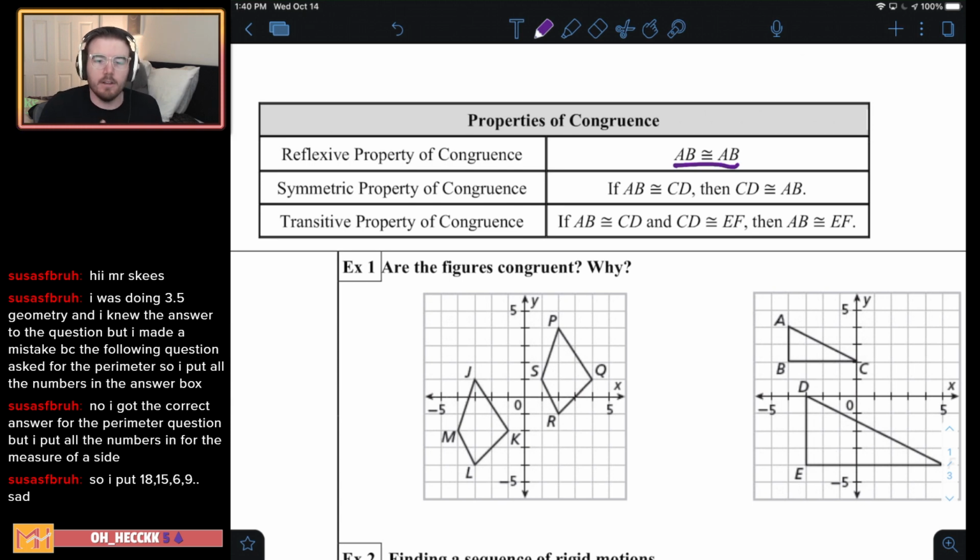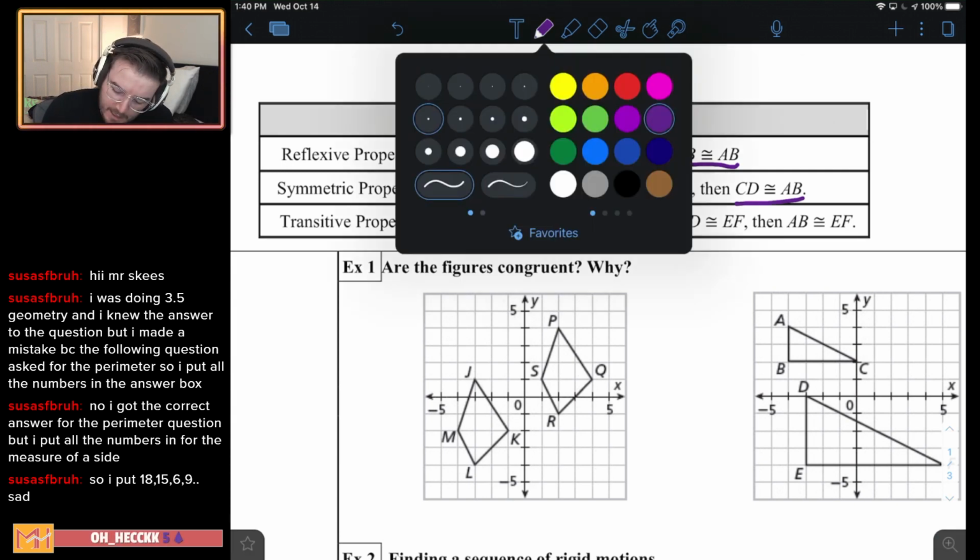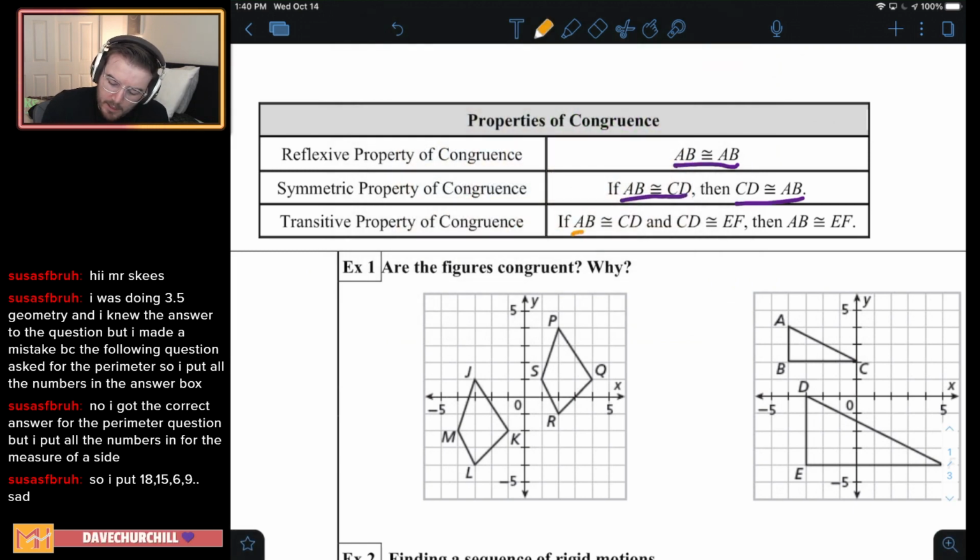This one says you can flip the statement around: 2 is equal to 1 plus 1, and 1 plus 1 is equal to 2. And this one says if object 1 is the same as object 2, and object 2 is the same as object 3, then object 1 and 3 are also the same.